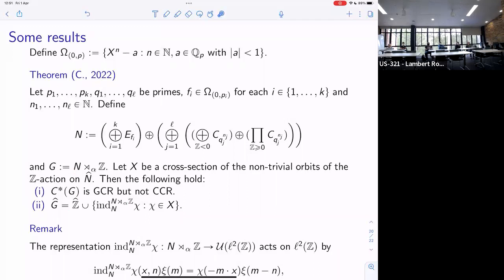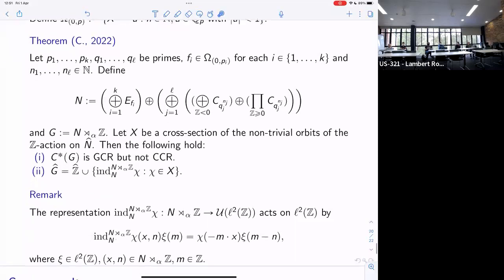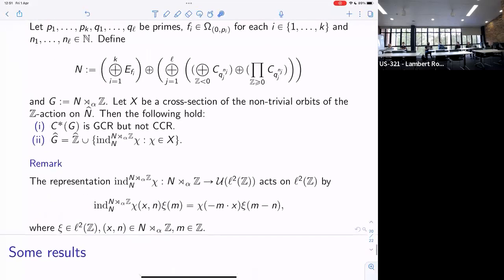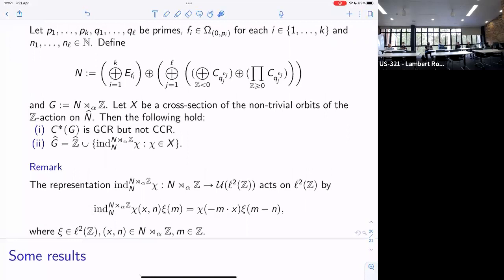And let me just say what these induced representations are. Induction of representations is a general process that allows us, if we're given a representation of some subgroup of our group, to induce it to a representation of the whole group.